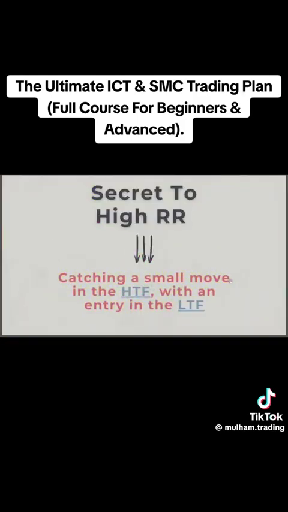So by understanding top-down analysis, now we understand the secret to high reward to risk. A lot of people ask, and a lot of people see others getting high reward to risk trades. What's the catch here? It's nothing but performing top-down analysis. And what's the catch in detail? It's catching a small move in the higher time frame with an entry in the lower time frame.